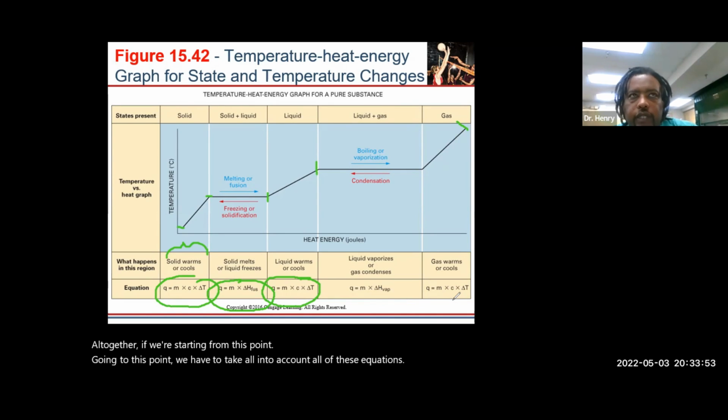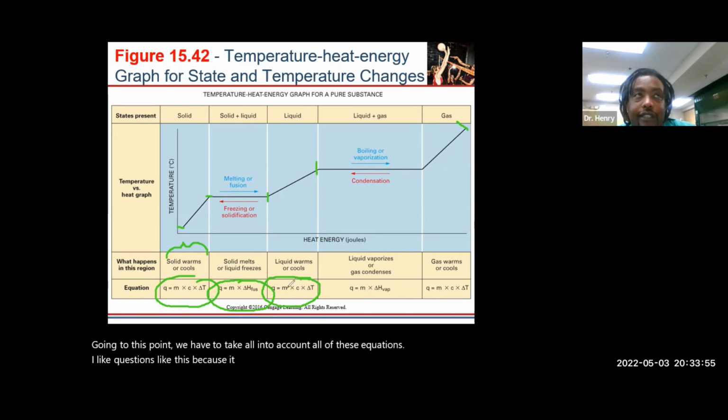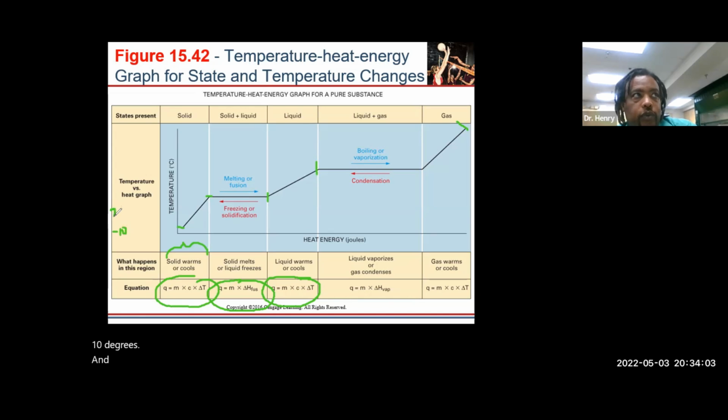I like questions like this because it takes everything into consideration. So if we're starting at negative 10 degrees, and let's say we have 25 grams of ice, and we want to get it to 110 degrees, then we're going to have to take into account all of these equations.